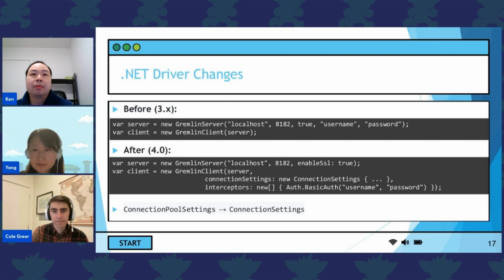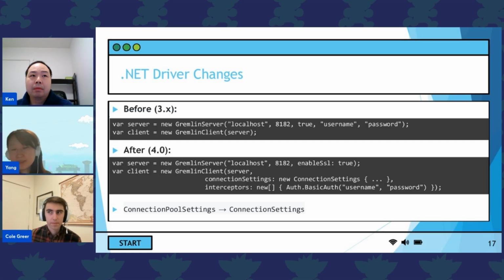The major difference is in the authentication and interceptors. Authentication was configured with the username and password on the Gremlin server constructor, and now for 4.0, you'd use the auth static methods via the interceptor parameters instead. So that is one of the major API changes.